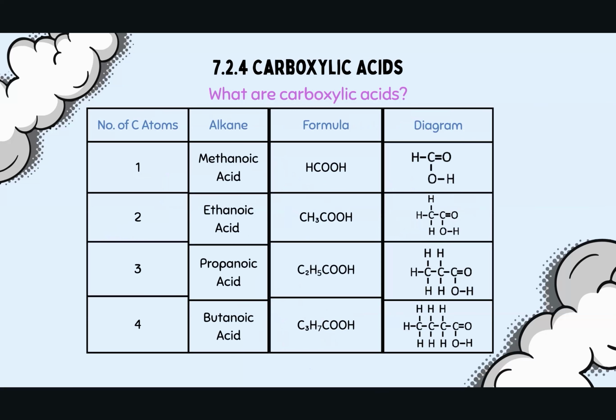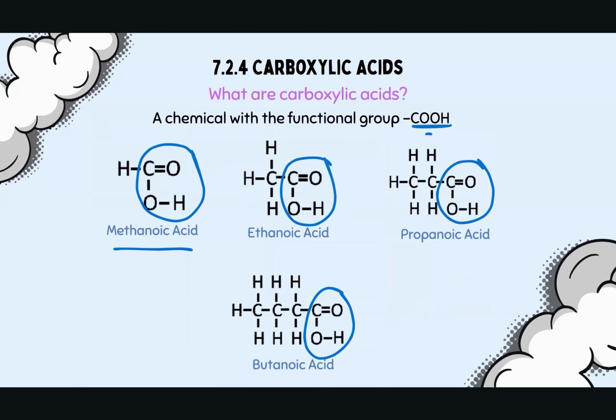So I'm going to show you how to draw one more. Let's look at propanoic acid. So you draw your 3 carbons. Now you draw your functional group for your carboxylic acid. So you go to the 3rd carbon and draw your double oxygen bond and your OH bond. Now that carbon has got 1, 2, 3, 4 bonds.